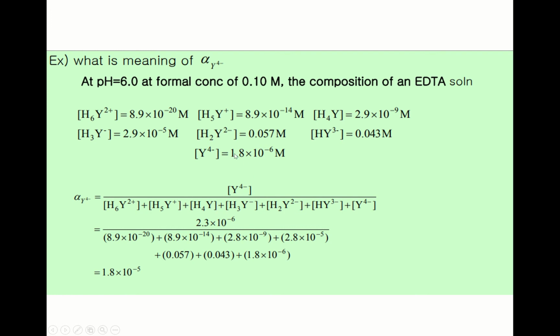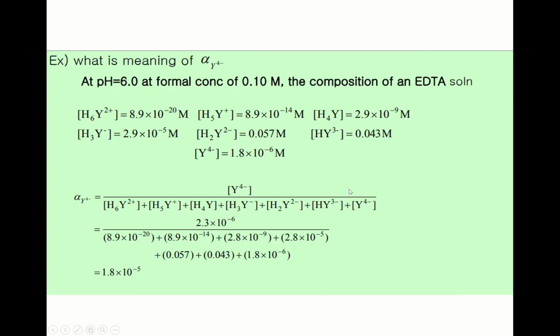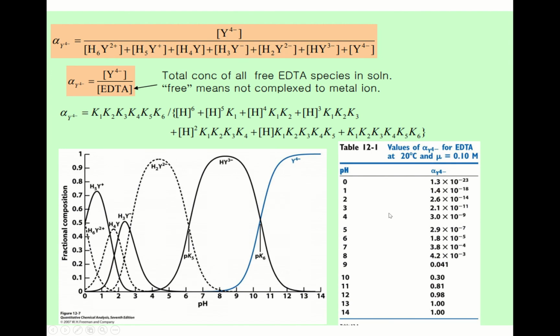Then you'll find that at pH 6, alpha Y4 minus, the fraction, is 1.8 times 10 to the minus 5. You see, you got this number, right? Like that. And if you want, you can use this equation to calculate all the alpha Y4 minus fractions at these pH values.